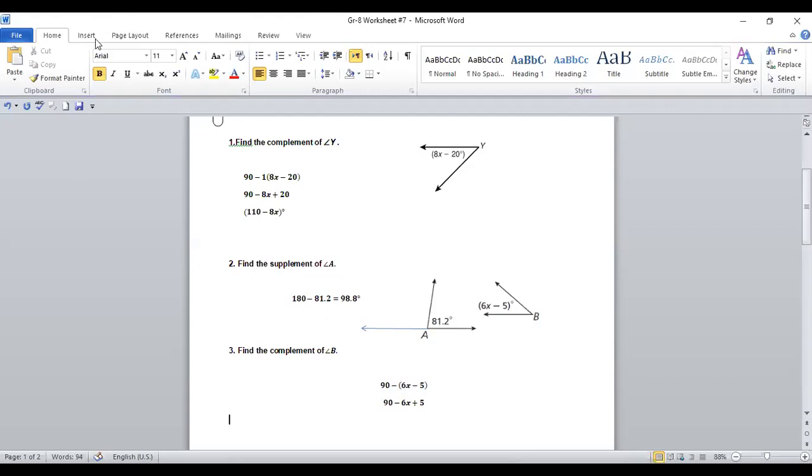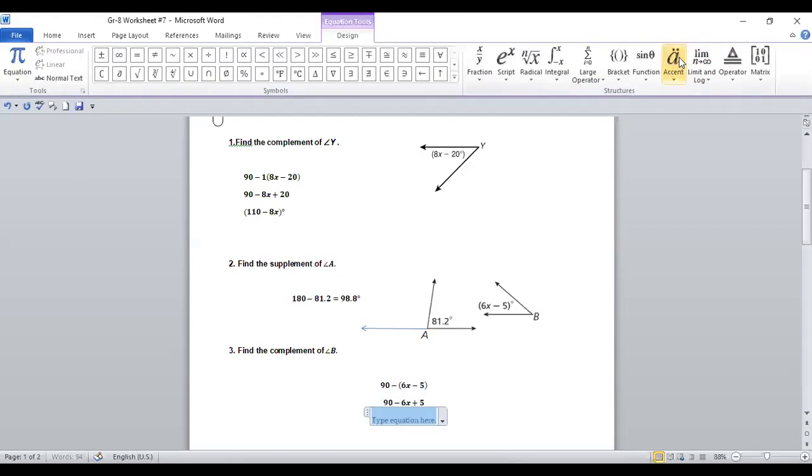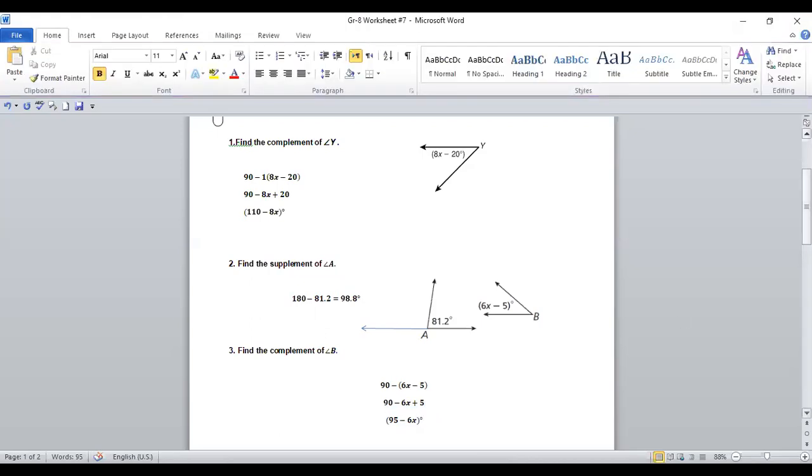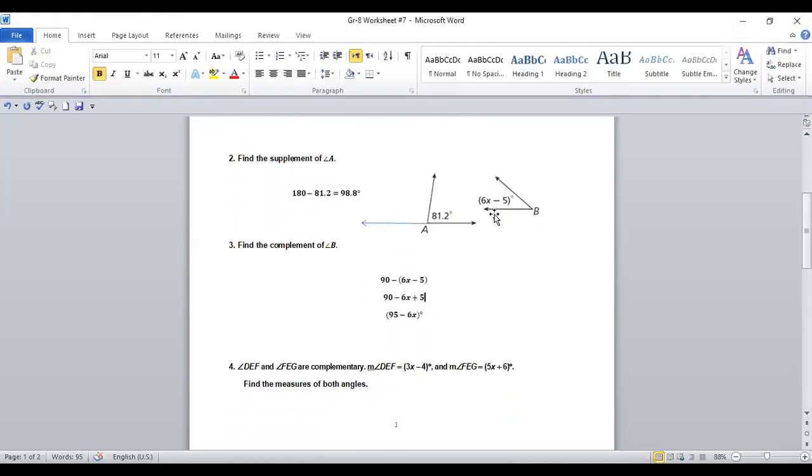So what do you think is going to be the final answer of yours? It's going to be in parentheses because they have variables. So 90 plus 5 is going to give you 95 minus 6x degrees. So this is going to be your final answer when they say find the complement of such an angle.